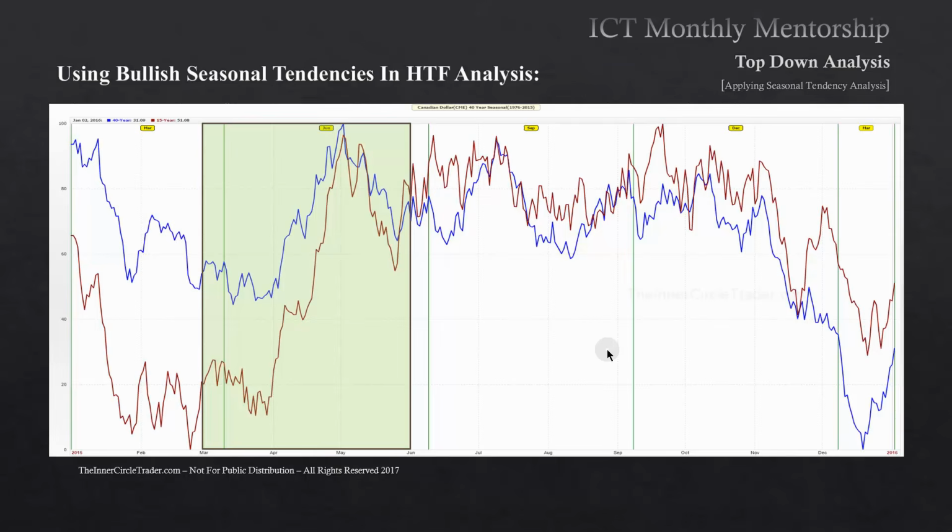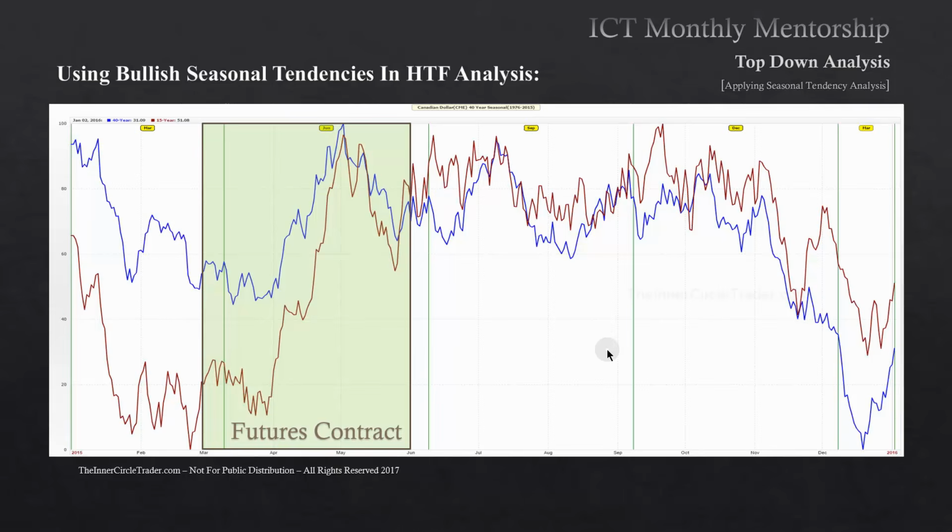It just means that there's a strong probability that historically, looking back over 40 years worth of data and comparing it against 15 years worth of data, there is a strong underlying, dare I say it, element of truth to the fact that there is a tendency for this to rally. Problem is, if you're not a futures contract trader, this doesn't do anything for you, or does it?